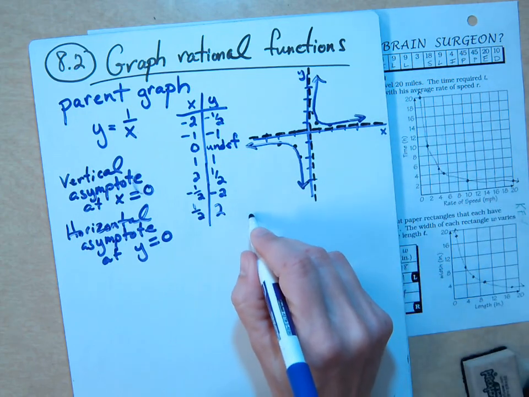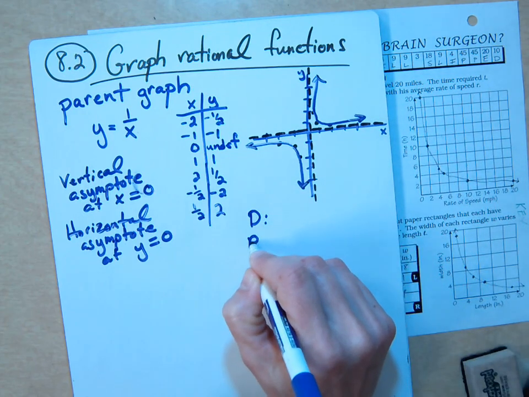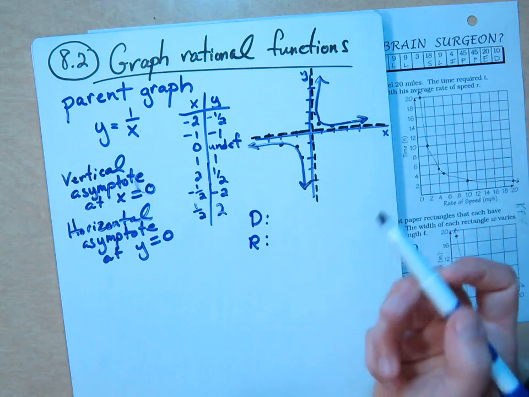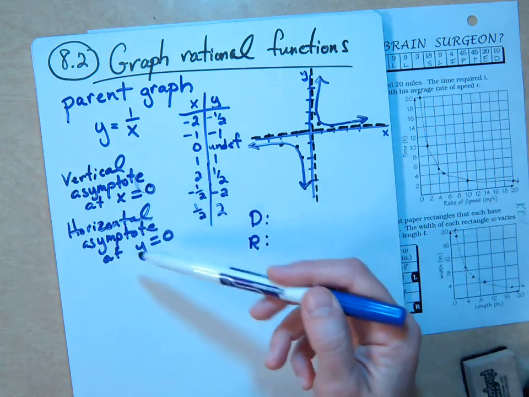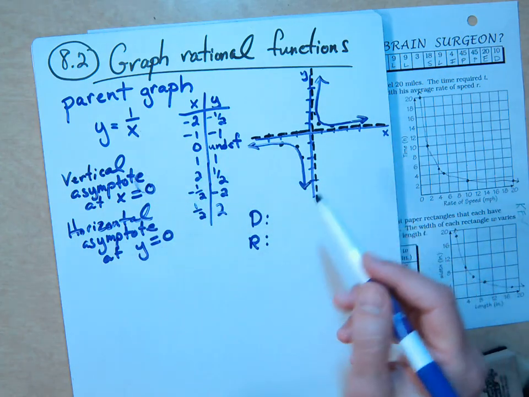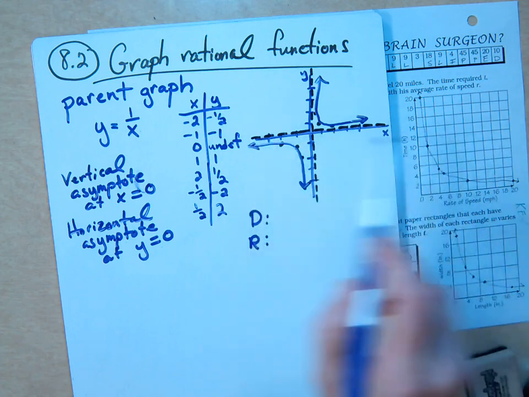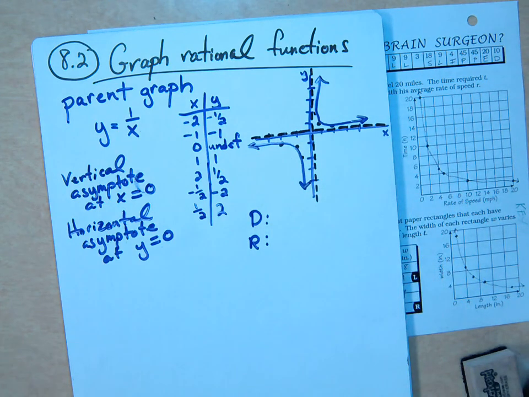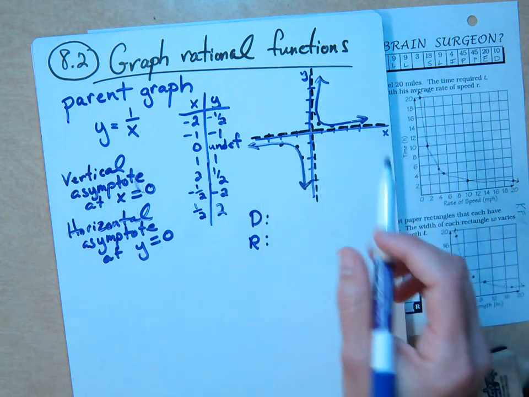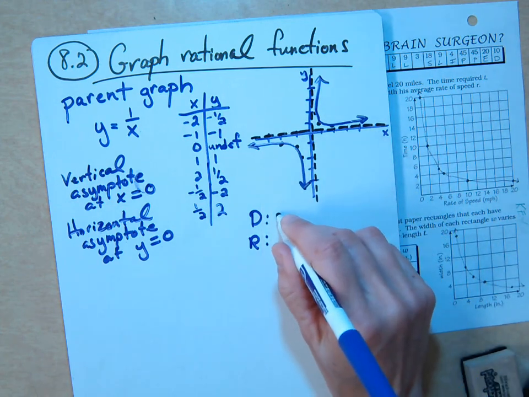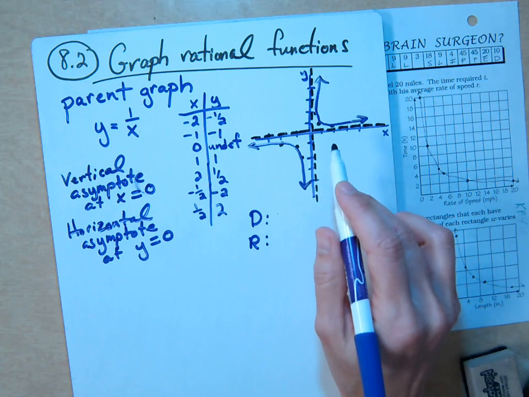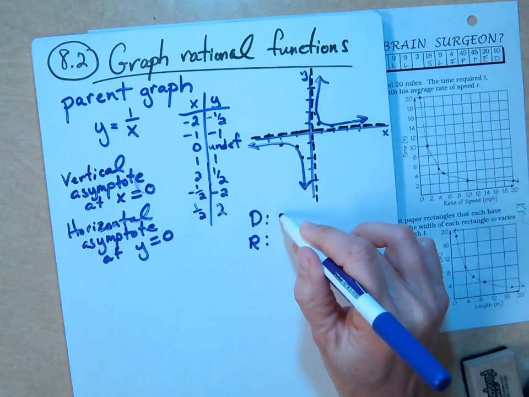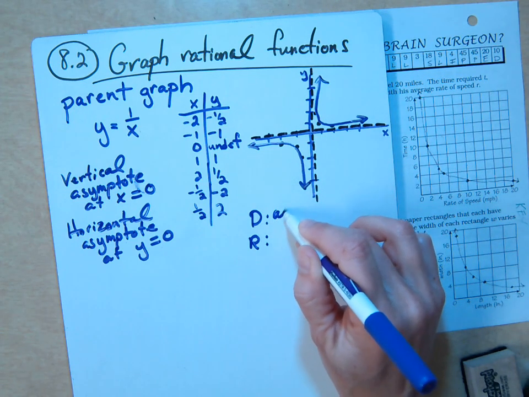And the last part of this is to state the domain and range. This is what you'll be doing in your assignment. You'll graph it, tell where the asymptotes are, and domain and range. So the domain, look to the right and the left. What are all the possible values for x? Everywhere except 0. So what we write is, instead of writing all, well, I'm going to write it first.